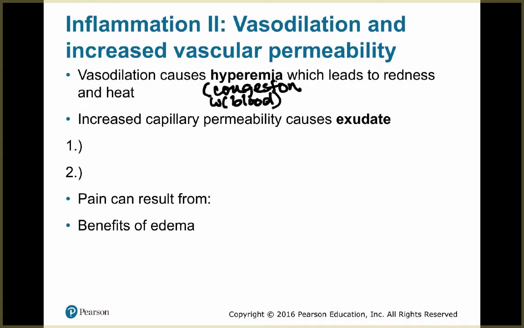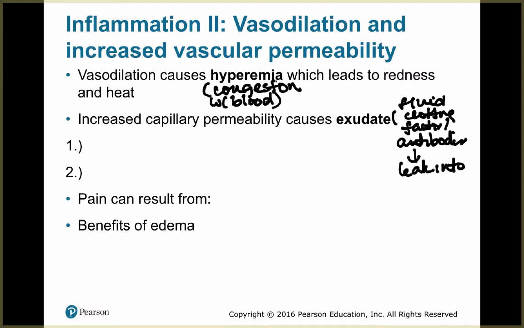Increased capillary permeability causes exudate. And so this is basically when the fluid that contains things like clotting factors and antibodies leaks into tissues. Right? So this can result in local swelling called edema, right?